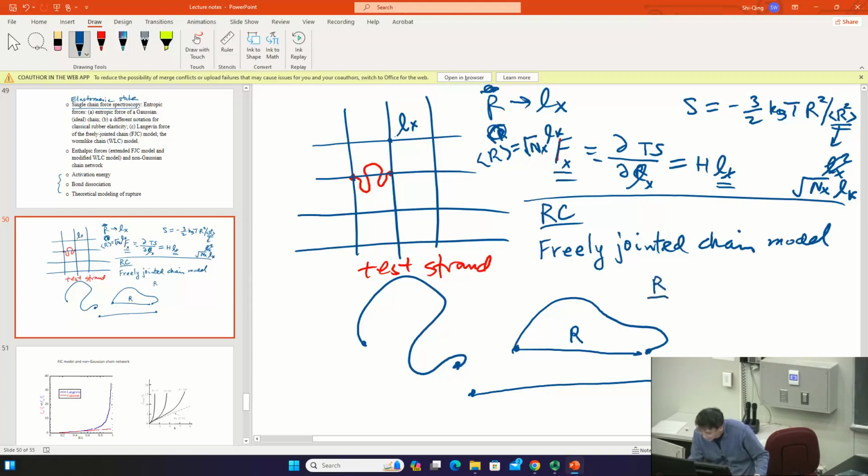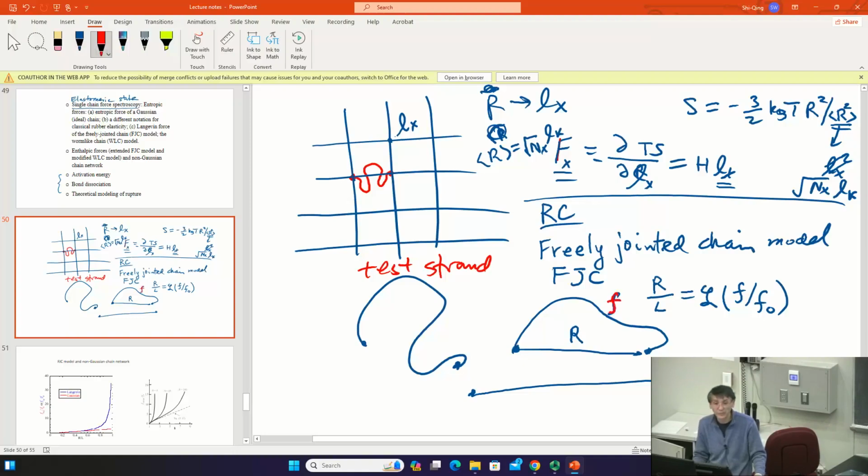So that strand, according to this FJC model, relates the end-to-end distance to the tension that exists in the chain.